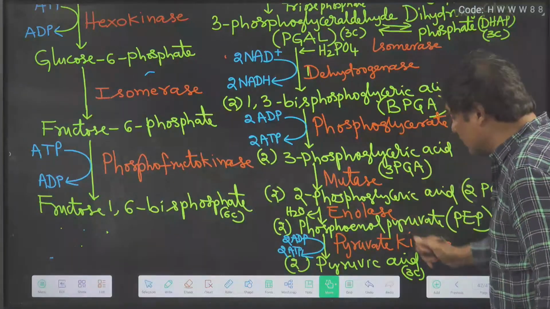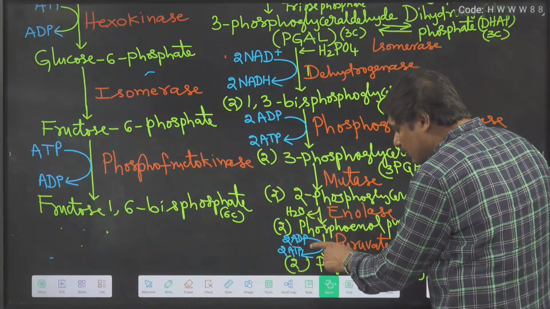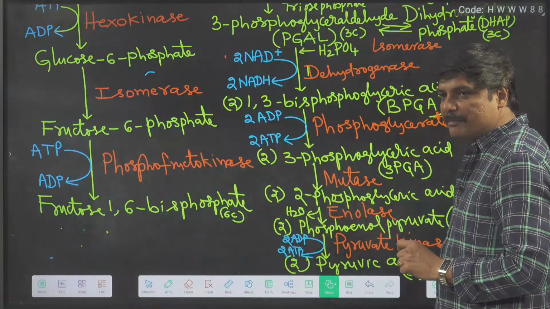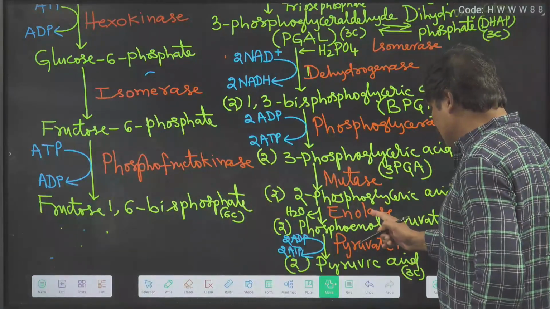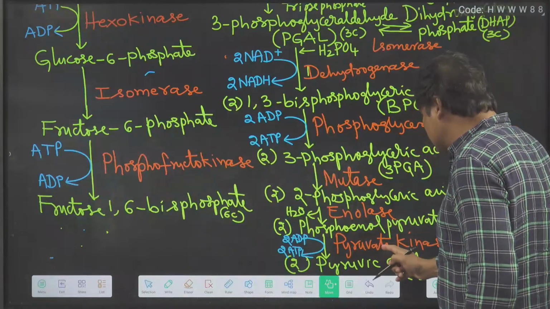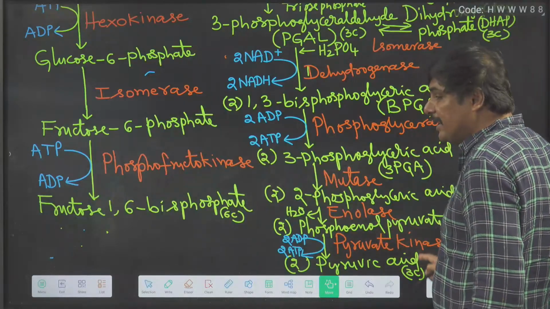During this process also, 2 ATP molecules are formed. Okay? And this reaction is catalyzed by an enzyme called pyruvate kinase.